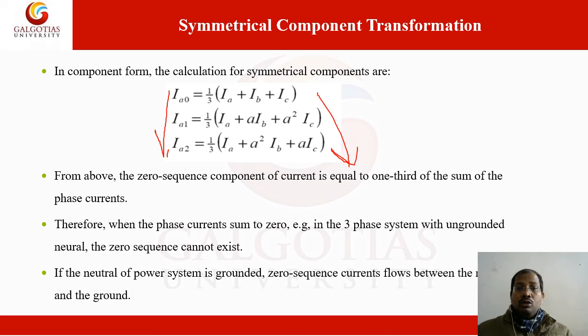From the above, the zero sequence component of the current is equal to 1/3 of the sum of the phase currents, and the positive sequence is also 1/3 of the sum of the phase currents weighted by the operator, and the same for the negative sequence, which we can easily obtain.